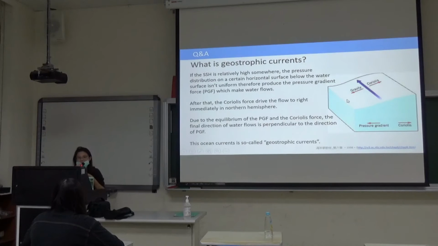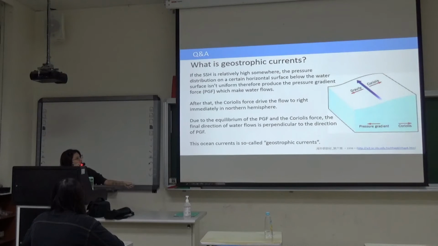If for some reason the sea surface height is relatively high somewhere here, the pressure distribution on a horizontal surface below the surface is not uniform, therefore producing a pressure gradient force, which makes the water flow.